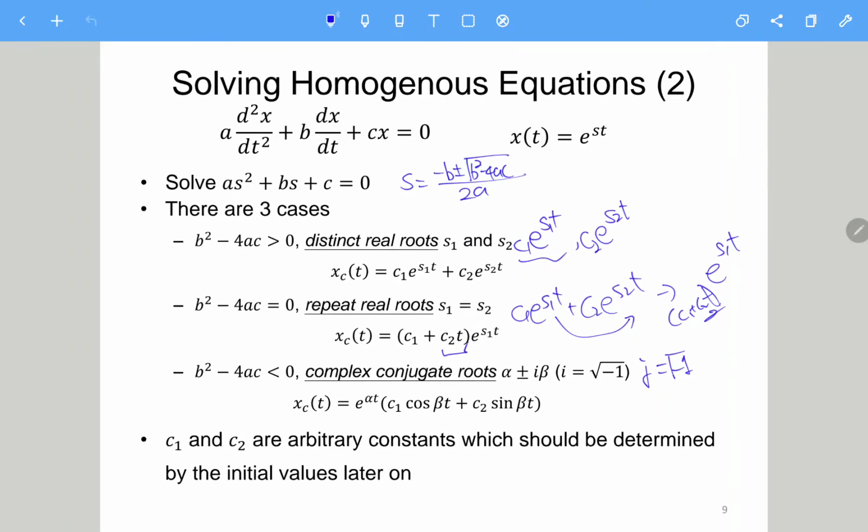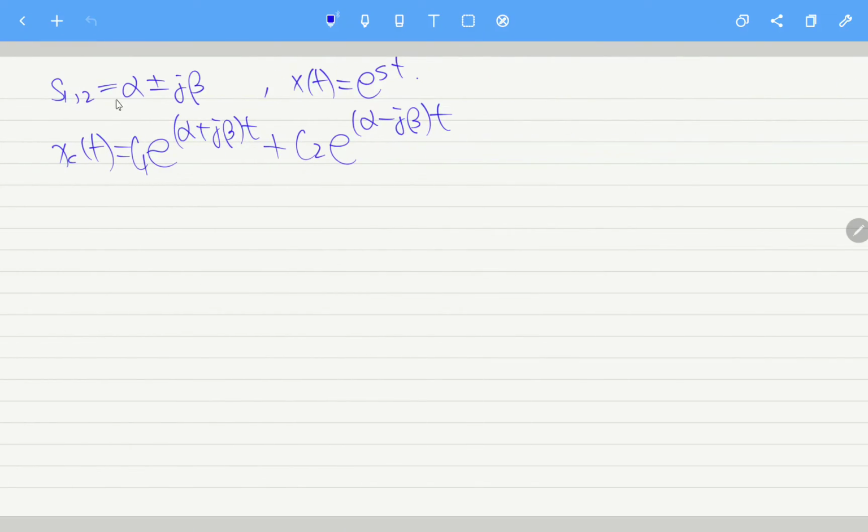I just plug in s1 and s2. Here s1 is alpha plus j beta, s2 is alpha minus j beta, so nothing special here.